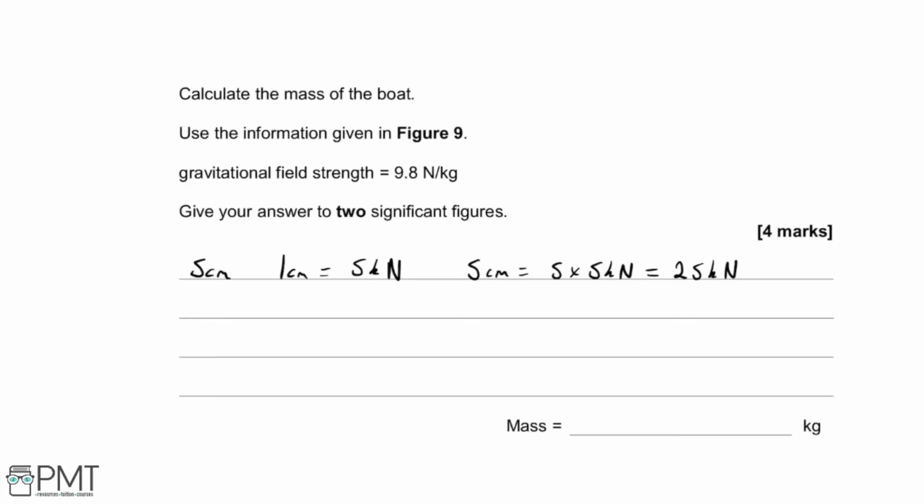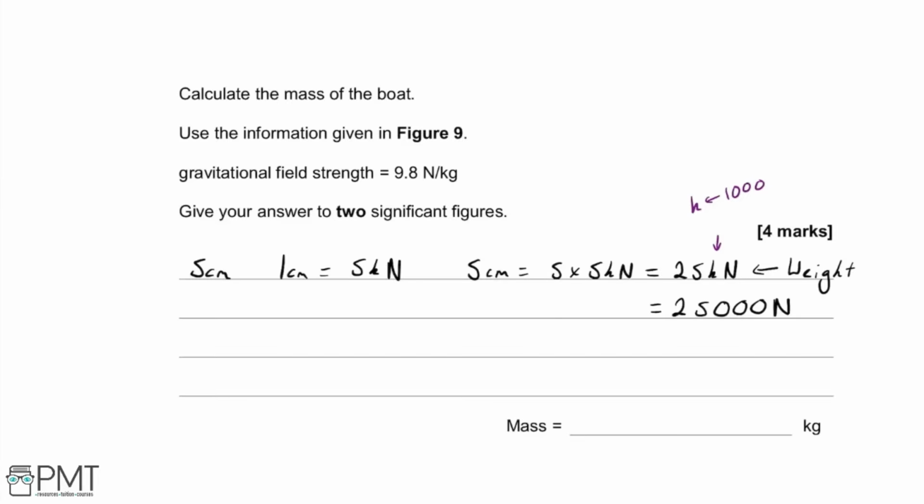Because 1 centimetre is 5, and we've got 5 lots of 1 centimetre. So now we know that the weight of the boat is 25 kilonewtons. We also know that kilo means 1,000. So therefore 25 kilonewtons equals 25,000 newtons. So 25 times 1,000 newtons.